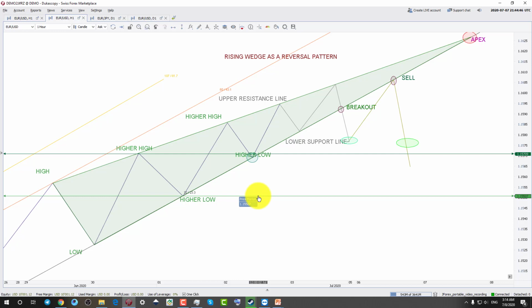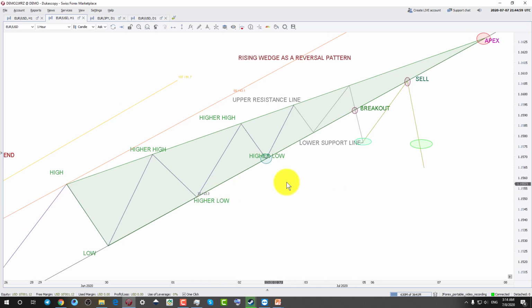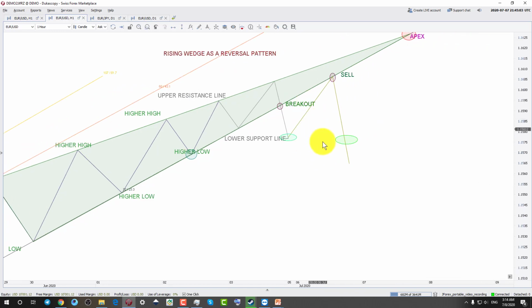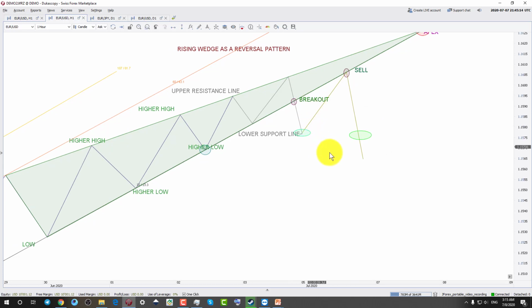So the idea is you have to be conservative and keep an eye on how the price reacts to these lows here. Sometimes people keep holding their positions in the hope that the price will go high. Those who have bought here may keep holding their positions in order to reap the benefits later on.